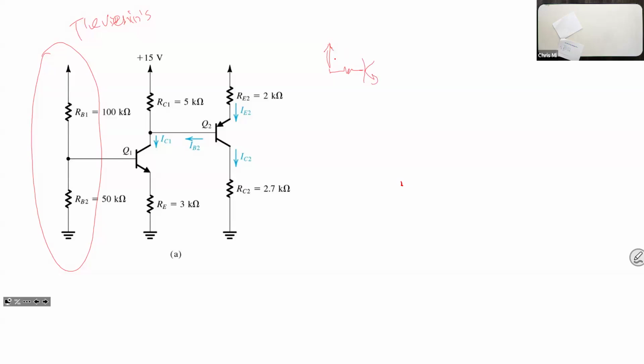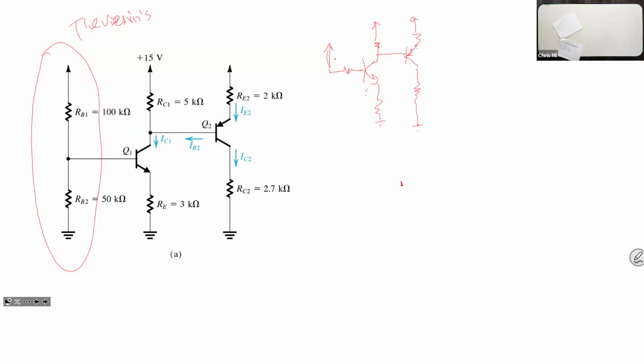Of course, we don't see this type of circuit very often in this class, but when you get to 414, you will see it very often, with multiple transistors in a circuit.